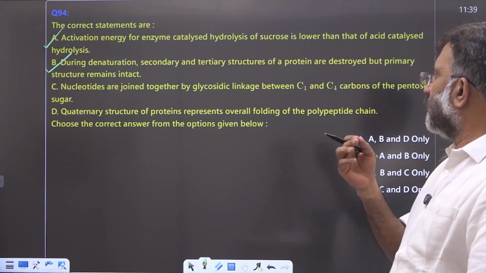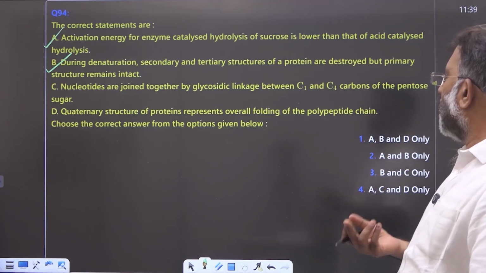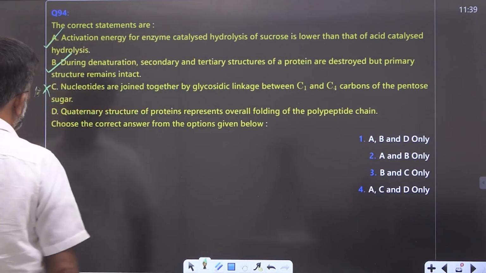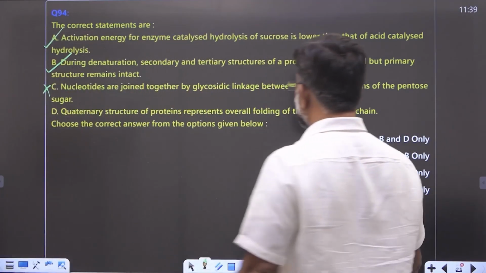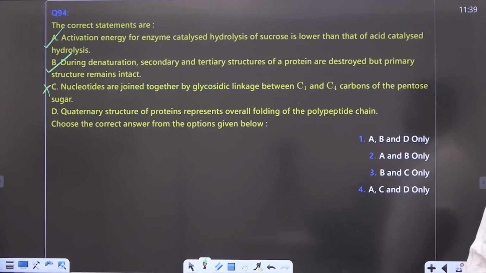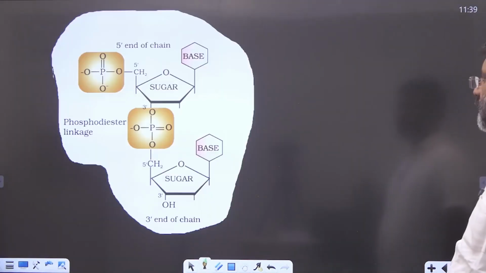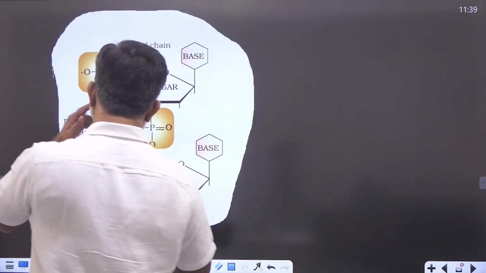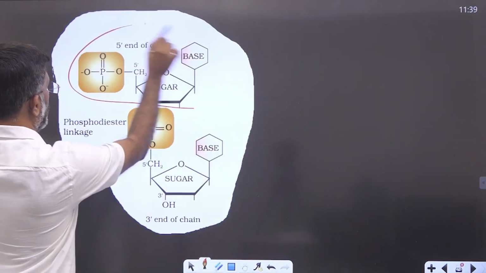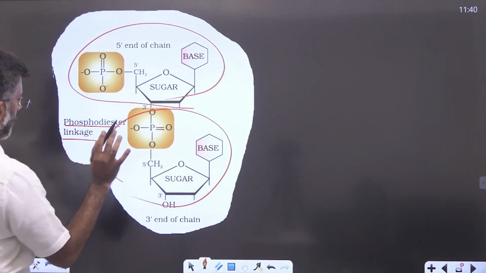Nucleotides are joined together by glycosidic linkage between C1 and C4 carbon of the pentose sugar. That is wrong. How are nucleotides connected? This is one nucleotide and this is the next nucleotide, and they are connected not by glycosidic linkage but by phosphodiester linkage.